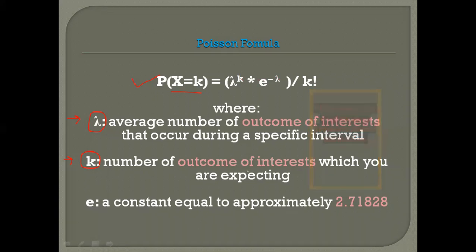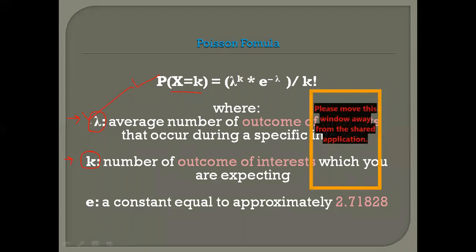No need to go into the details on this. Just know that whenever you have a Poisson distribution, you should always be given this lambda, the average. This is E, the Euler number, and I don't want to go into detail on what this Euler number is. It's a constant, and its value is 2.71 something.